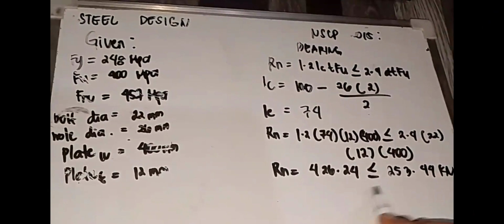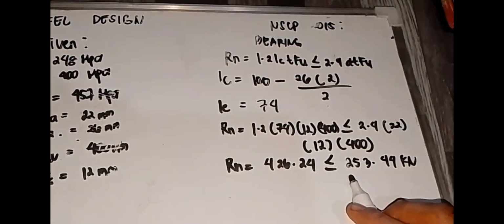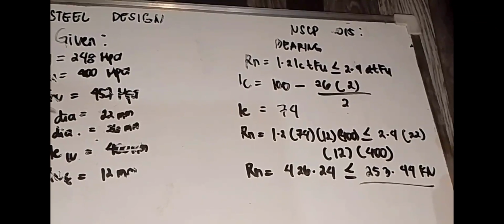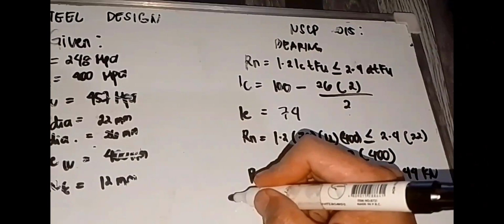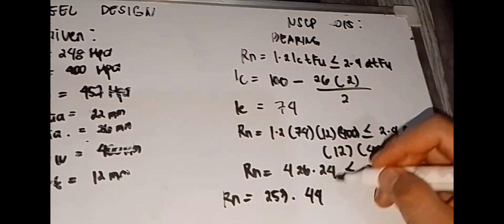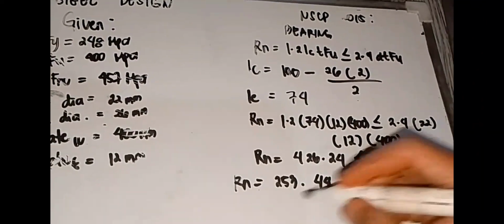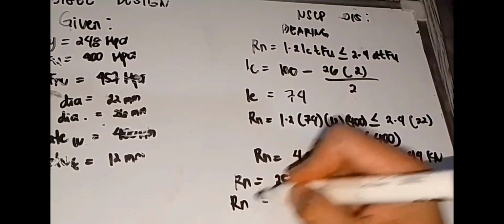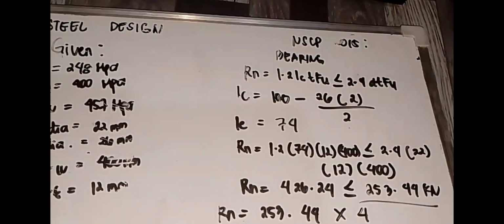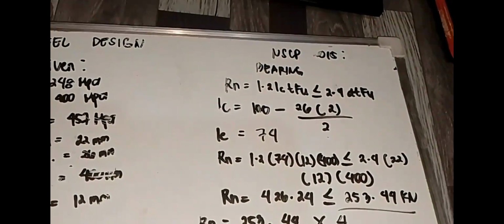So in this case we must choose the lesser one, which is 253.44 kN. So Rn is equals to 253.44 times the number of bolts, which is 4. So our Rn now is 253.44 times 4, we can get 1013.76 kilo Newton.